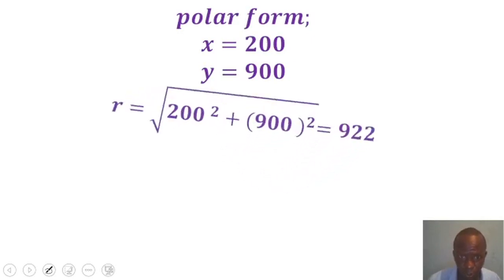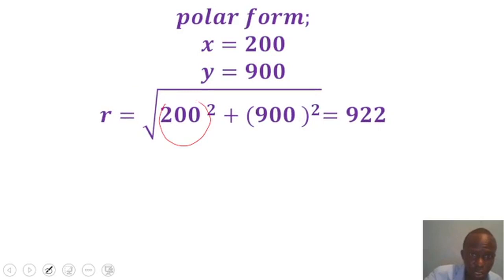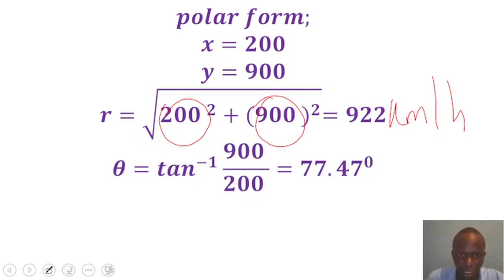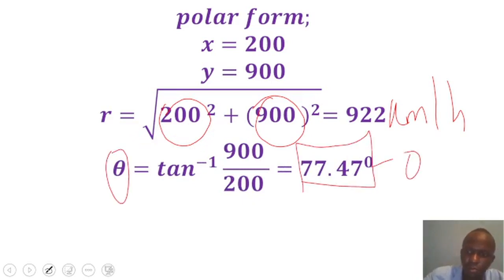We just substitute 200 and 900 to get R, the resultant velocity, which is equal to 922 kilometers per hour. What is the argument? The argument will give us the direction of this resultant velocity, theta. This gives us the direction.